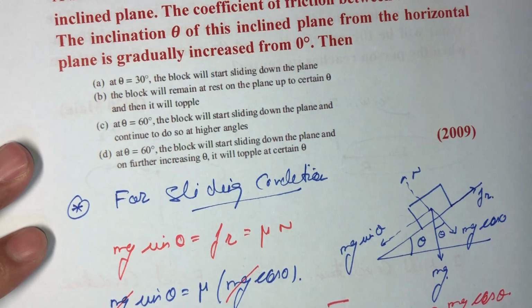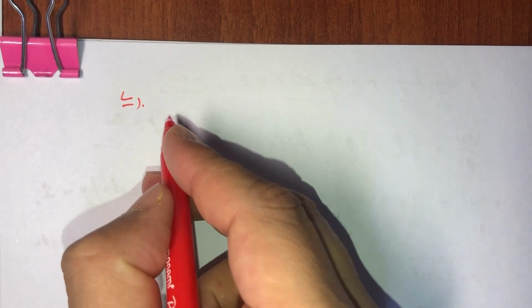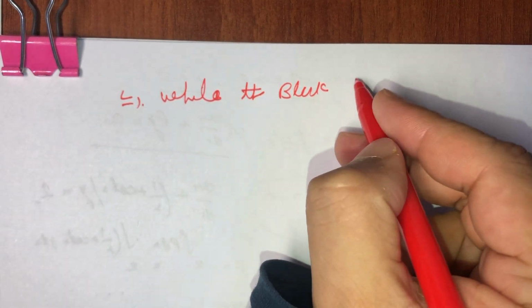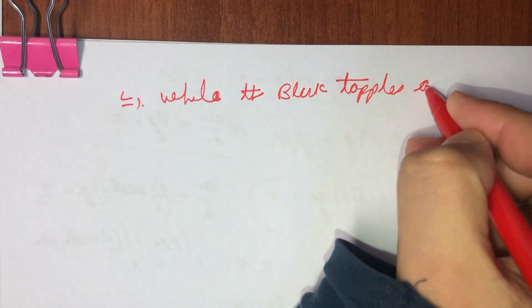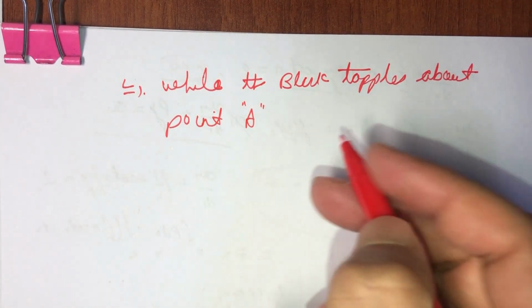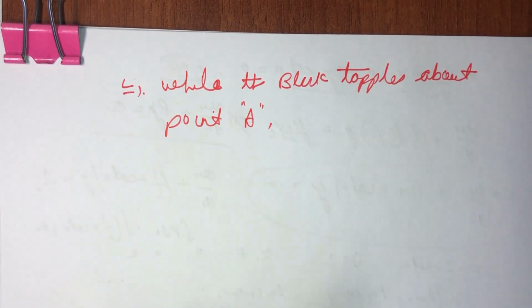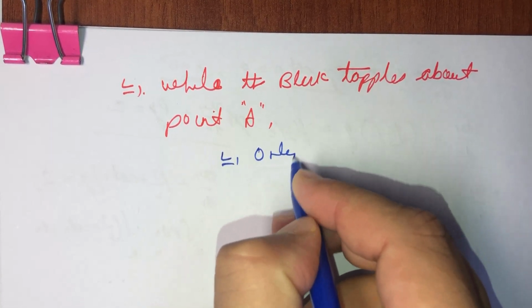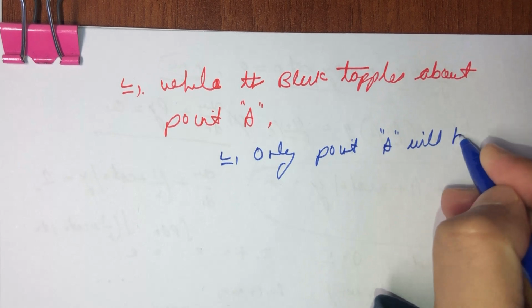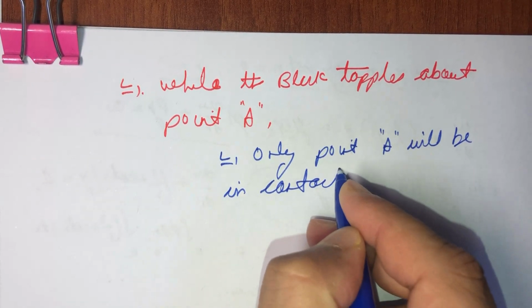So as the block will start to topple, these contact forces will be acting exactly at point A, because it is going to topple about point A. So while the block topples about point A, only point A will be in contact with the inclined plane.